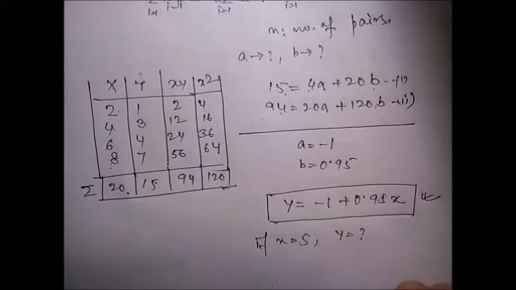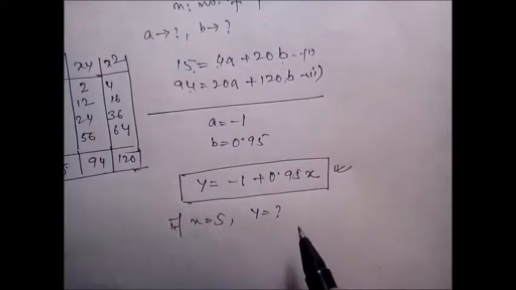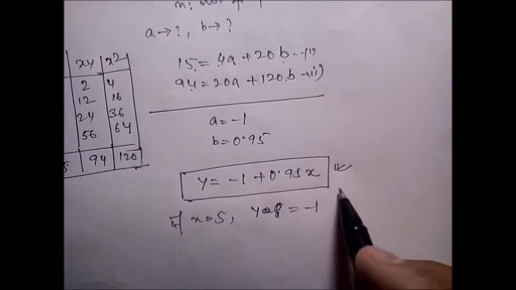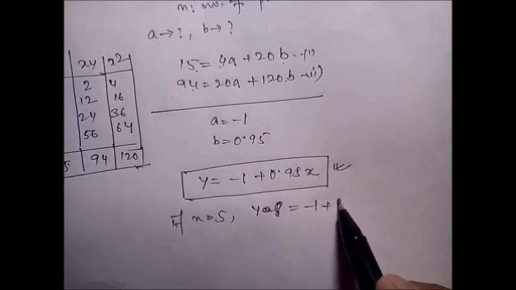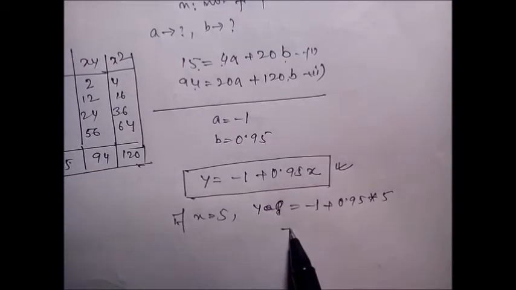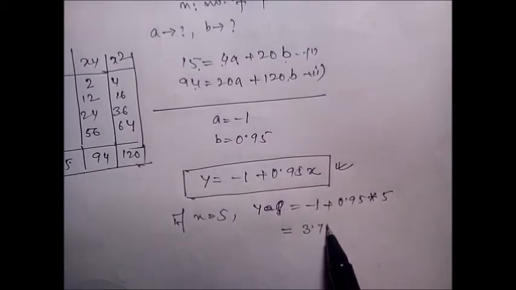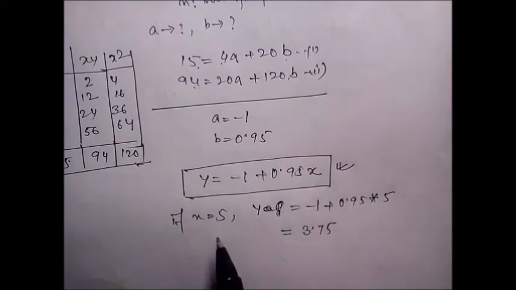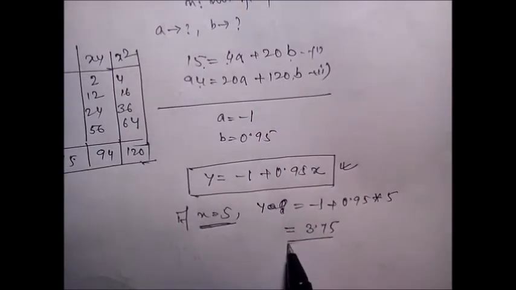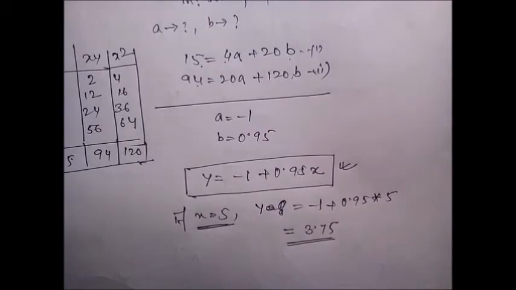If x is equal to 5, then we put it in: -1 plus 0.95 into 5. If you solve it, the answer is 3.75. So if x is equal to 5, the predicted y value is 3.75.